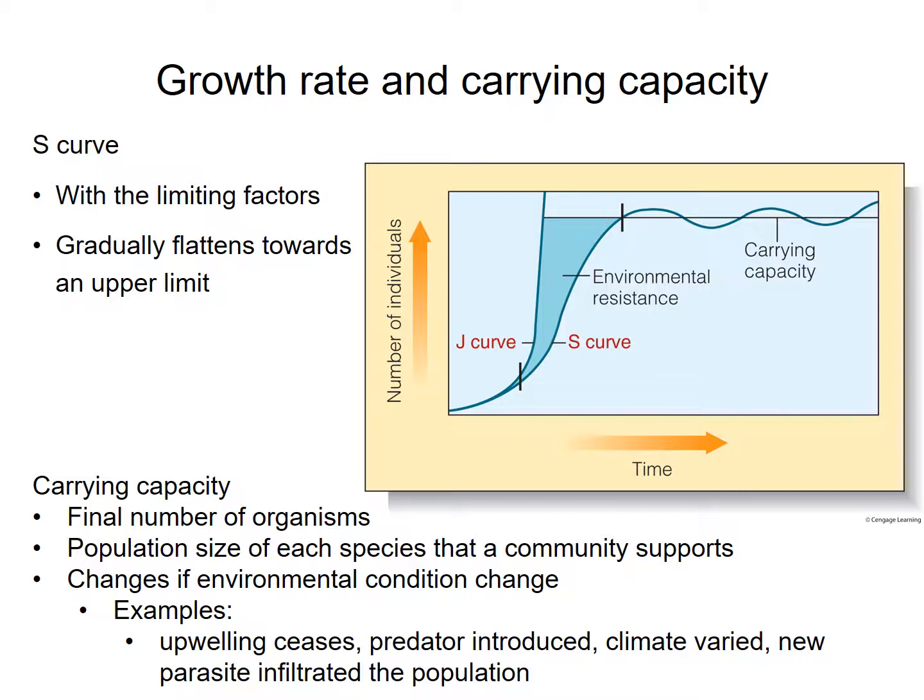The final number of organisms still oscillates around the carrying capacity, which is indicated by the horizontal gray line. The population size of each species that a community can support indefinitely under a stable set of environmental conditions is called the carrying capacity.